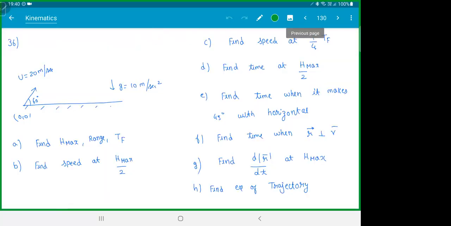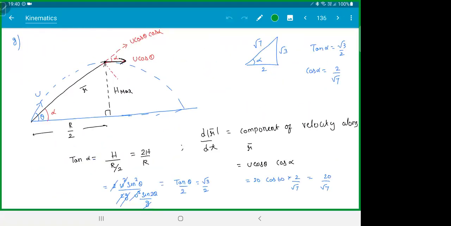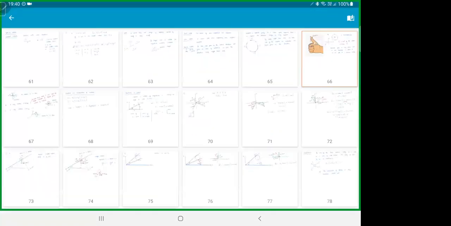The first question in vectors, remember dr by dt? The rate of change of length of vector. The u cos theta cos alpha is the component which is responsible for changing the length of the vector.